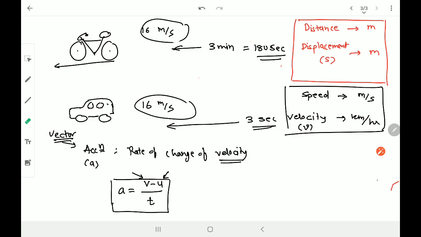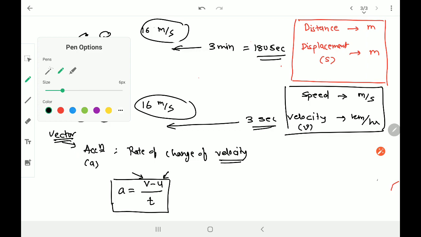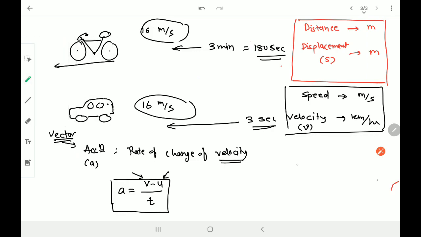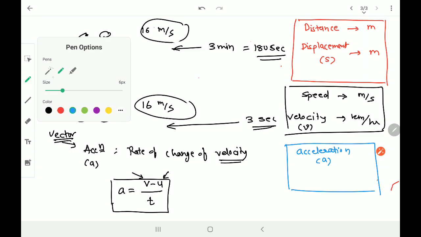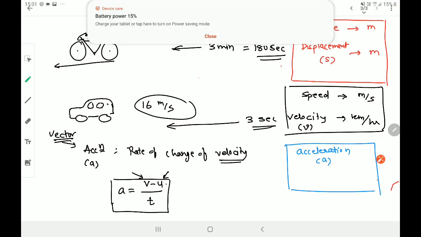But let us find out its unit. Let's check what the unit of acceleration will be. Here I write acceleration. Of course it's a vector quantity and its symbol is a, right? What is the unit of acceleration? Look, what is the unit of velocity?